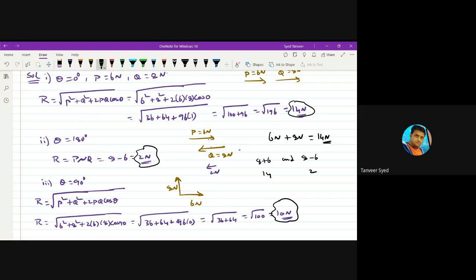So the resultant of these two vectors can have any value between 2 and 14, depending on the value of theta. For different values of theta, you can get 3, 4, 5, 6, 7 and so on. You cannot get any value greater than 14. You cannot get any value less than 2.